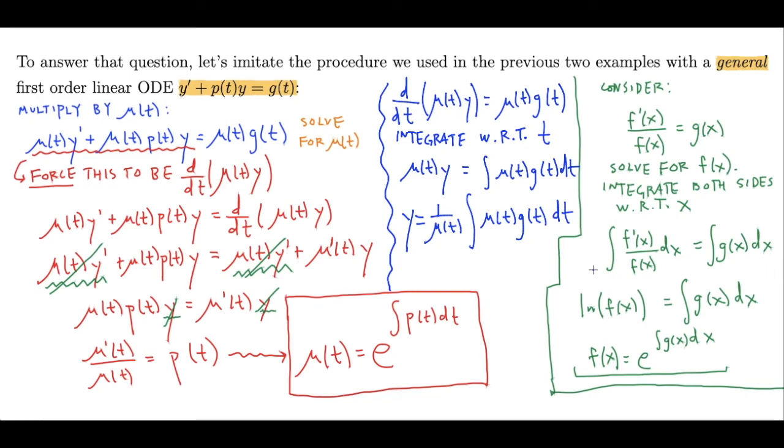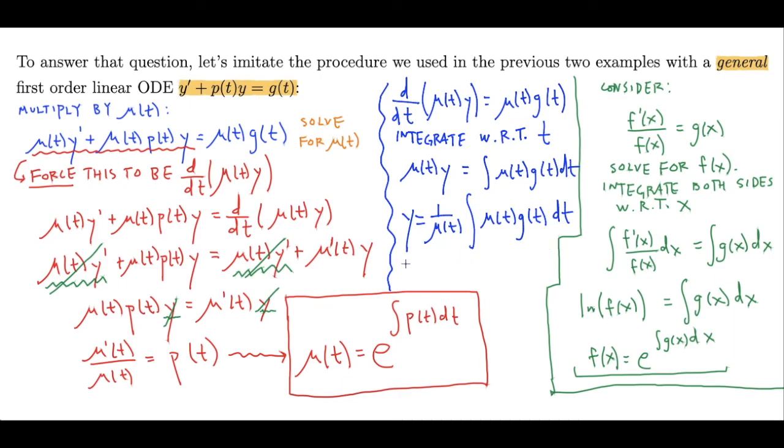My work has gotten a little cramped here on the page, but if you look at this final equation, we have isolated y as a function of ingredients that we started with, g of t, or an ingredient that we constructed, mu of t, based on the other ingredient that we started with, p of t. So this is the general solution.